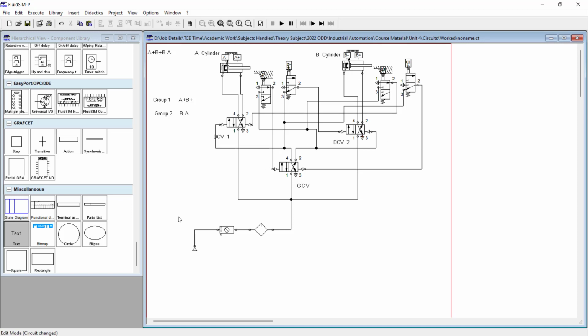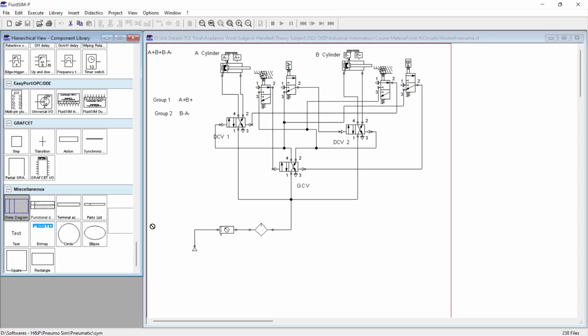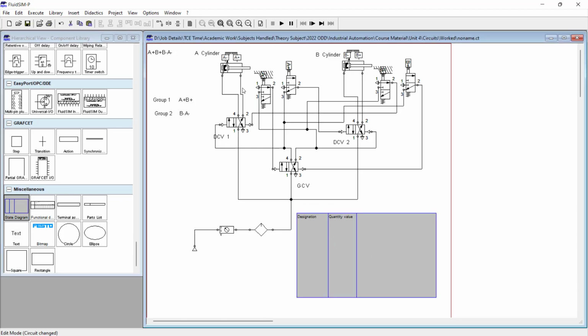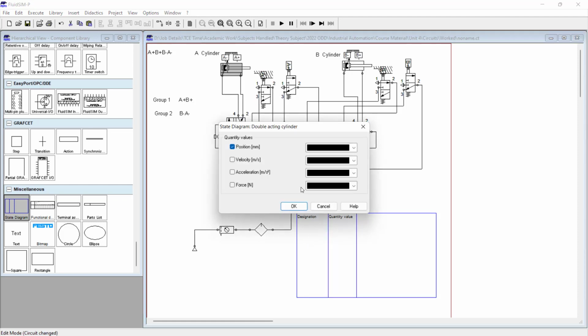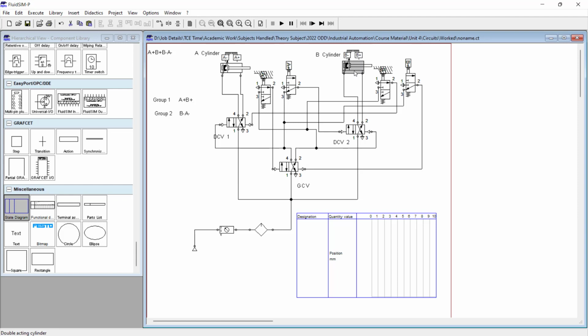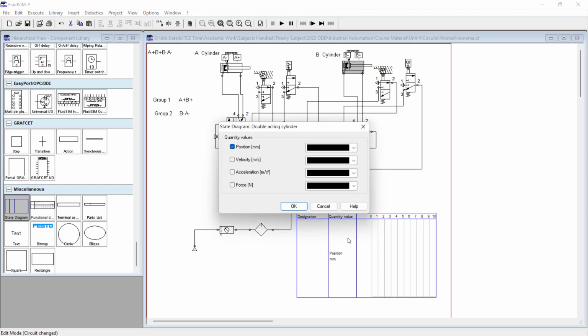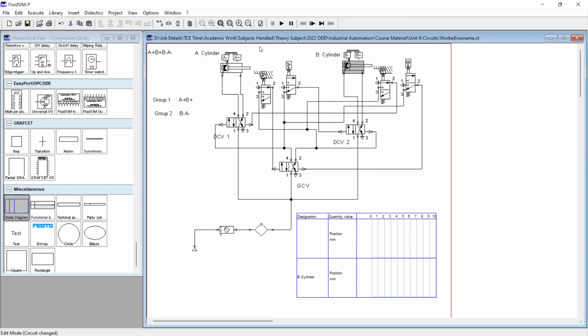Okay, now we have completed the circuit. Now we can simulate that circuit. We can also include the state diagram to get the state of the cylinders during the sequencing. Start the simulation.